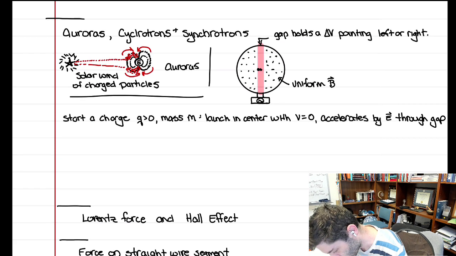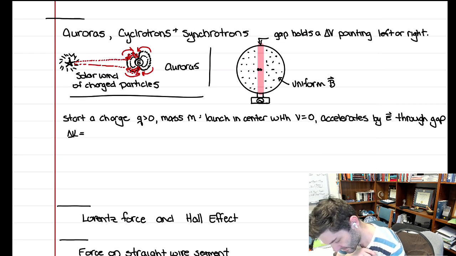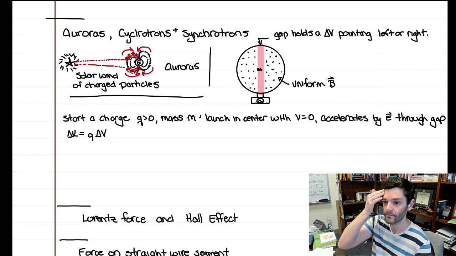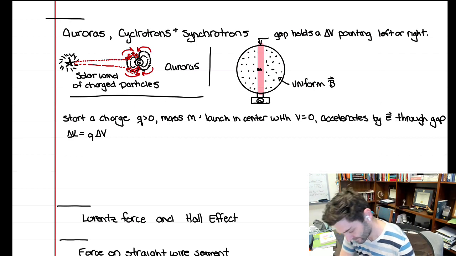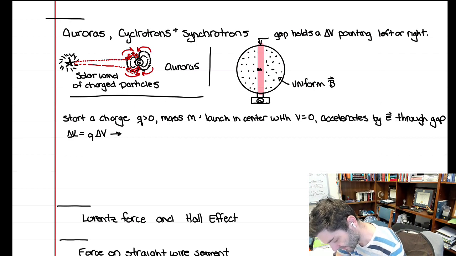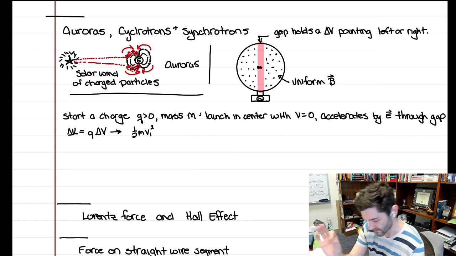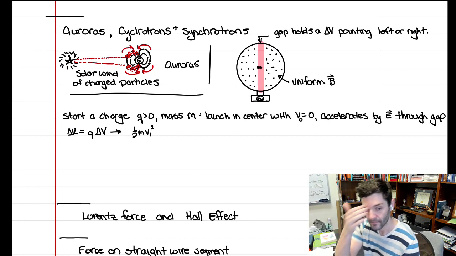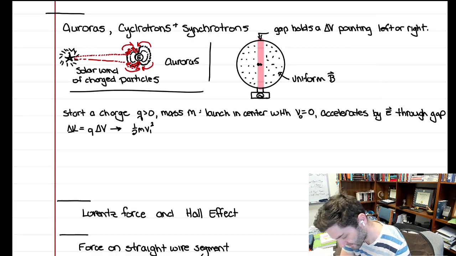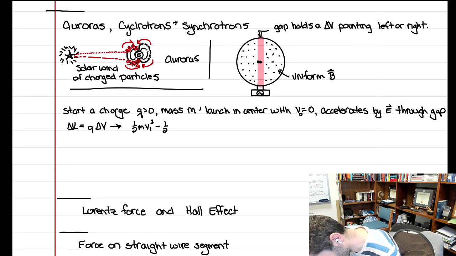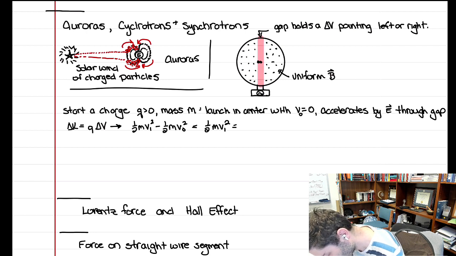The change in kinetic energy through the gap is of course equal to the charge times delta V from way back in the day. So in this case, if it starts with kinetic energy close to 0, then 1/2 m v final, which I'll call V1 in this case, where we start at V0. And then it accelerates by E, so the change in kinetic energy, which I'll just write out explicitly, and in this case there is no initial kinetic energy, equals Q delta V.